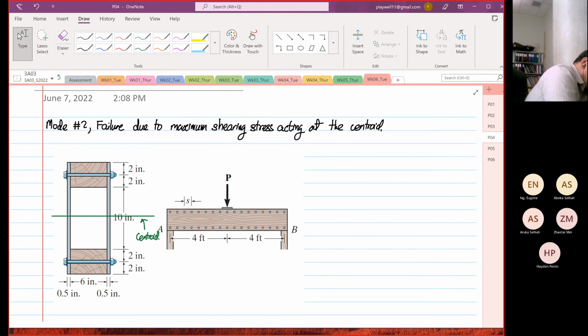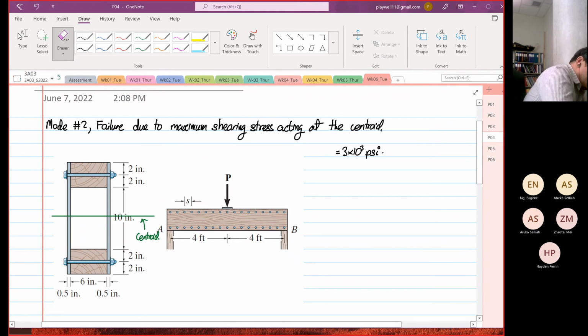So we know that the allowable shear stress is 3 times 10 to the power 3 psi. So the allowable shear stress is equal to Vy over Izz, times Qz divided by t.